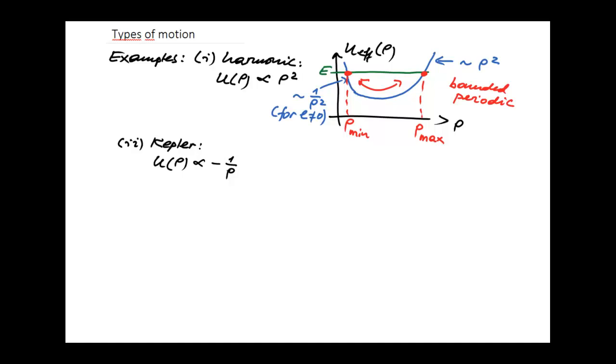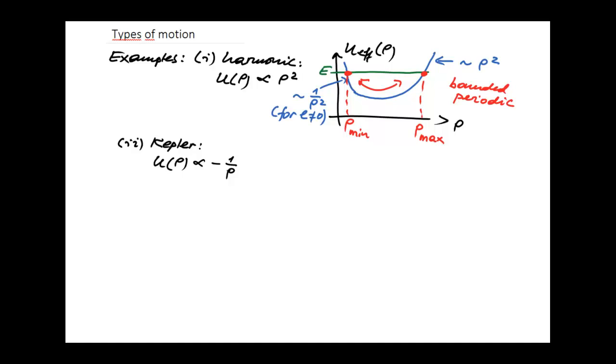But it's not only gravity, but it's also, for example, the Coulomb potential between two electric charges also has this form. So it's minus 1 over distance, proportional. The constant of proportionality can also be negative. If you have two equal charges, then they repel each other, and then you have an opposite sign here.